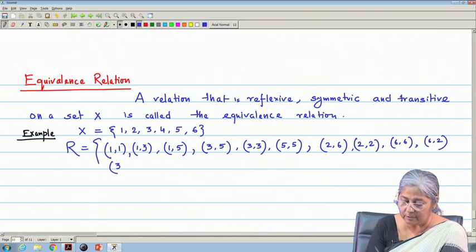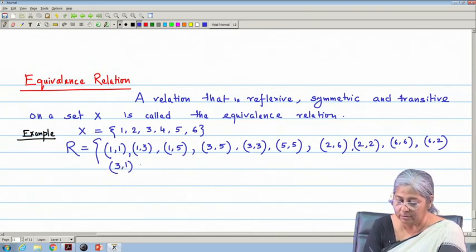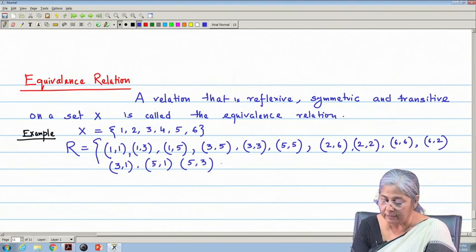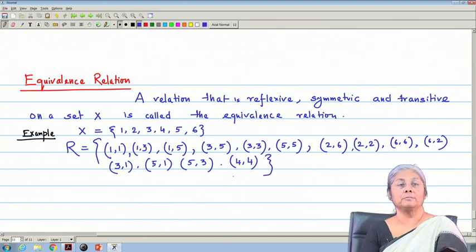I also take (3,1), (5,1), (5,3), and then (4,4). So, this relation is given.